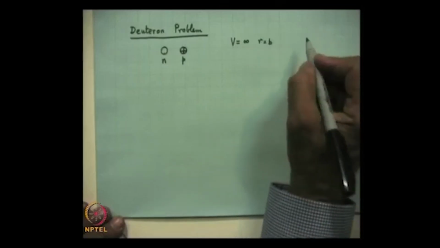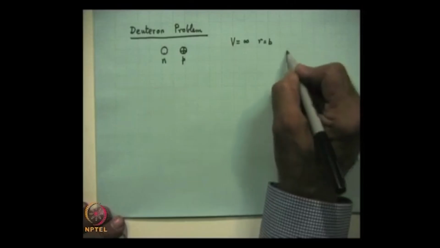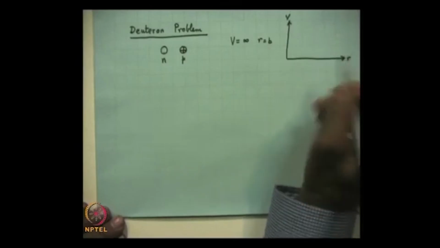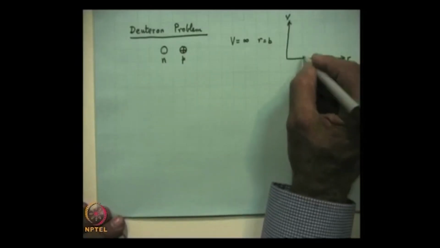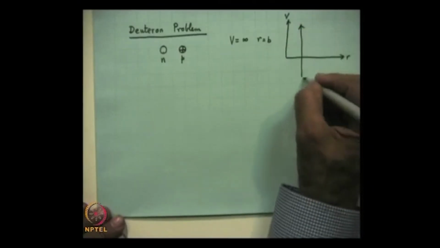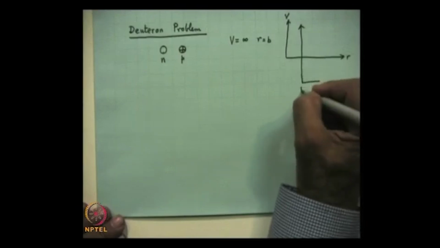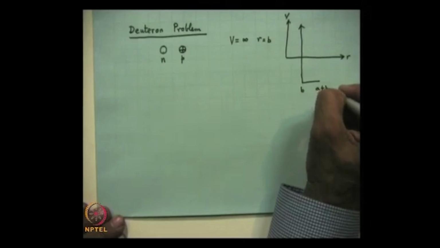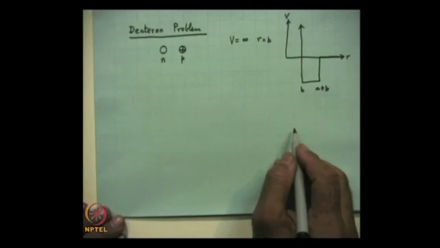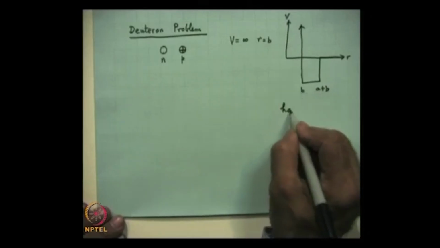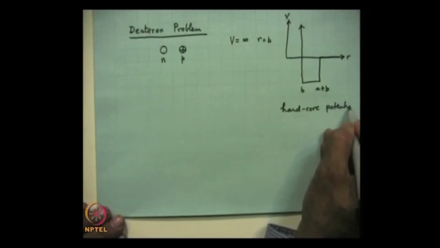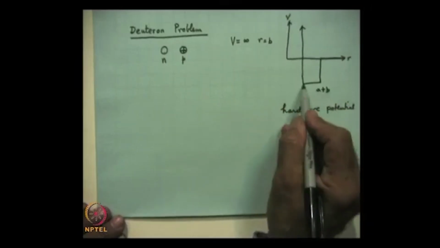So, something like this: this is the potential as a function of r. At r equal to b there is an infinite potential, and then it is minus V0 from r equal to b to a plus b, and then it is 0 beyond this. This is known as the hardcore potential, in which the neutron and the proton cannot be closer than the distance b.